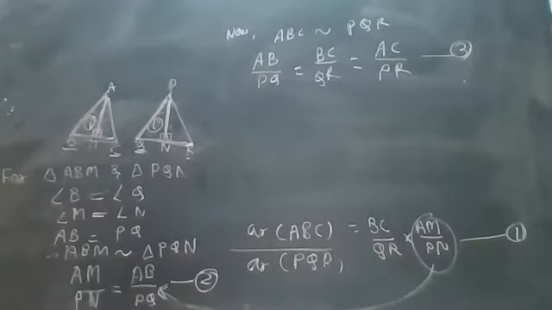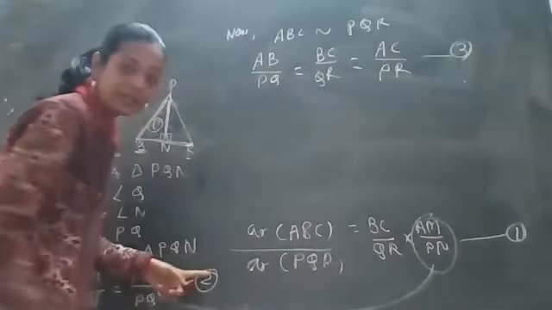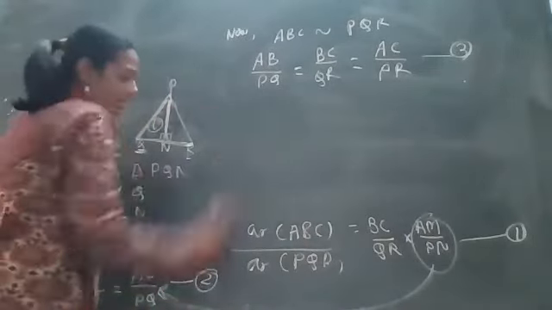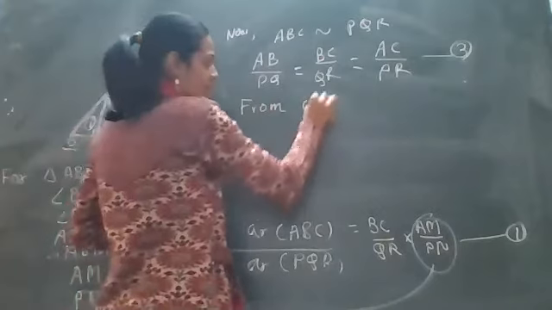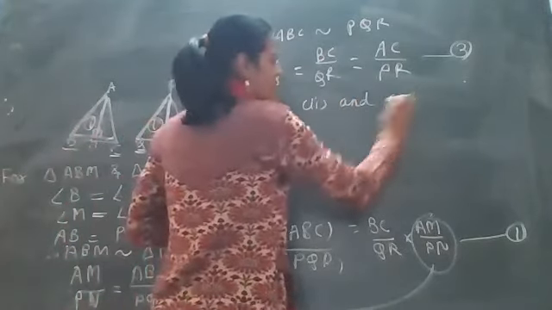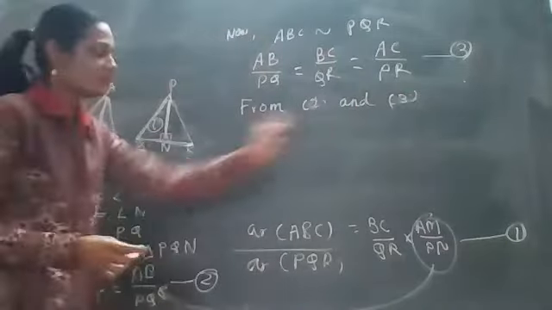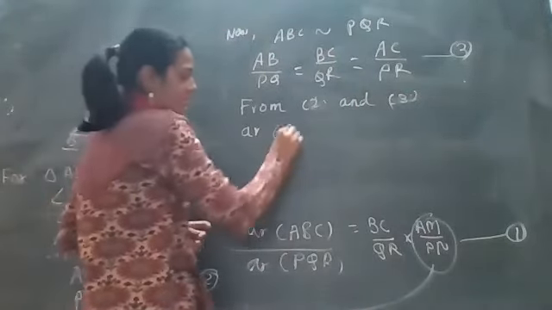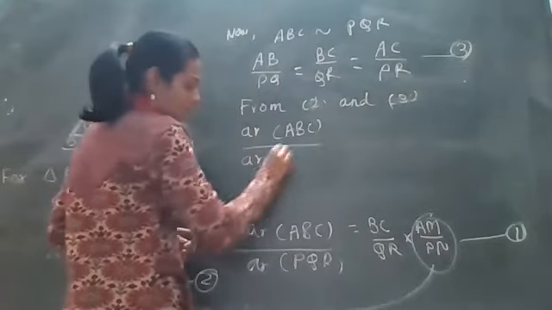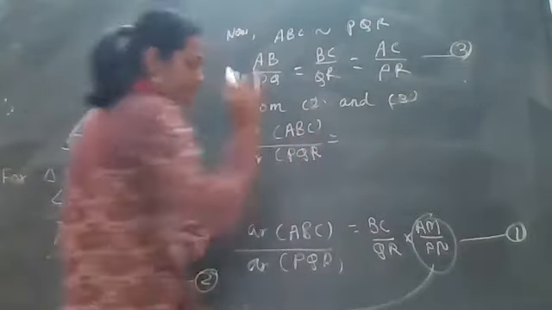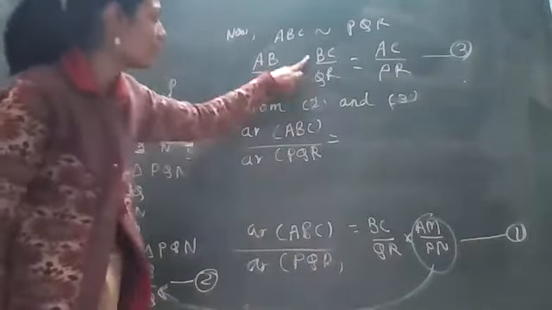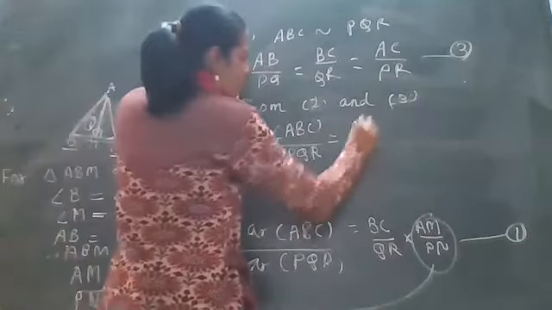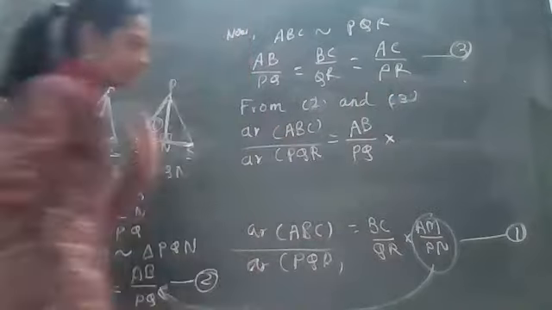Now what will become now? Now what do we have to do? In the first equation we have to put the values of the second and third. Okay, now we will write it from the second and third equations. What will we get from the second and third equations? The first equation: area of triangle ABC upon area of PQR is equal to, we have BC upon QR, but instead of BC upon QR, we can write AB upon PQ. Getting this one?